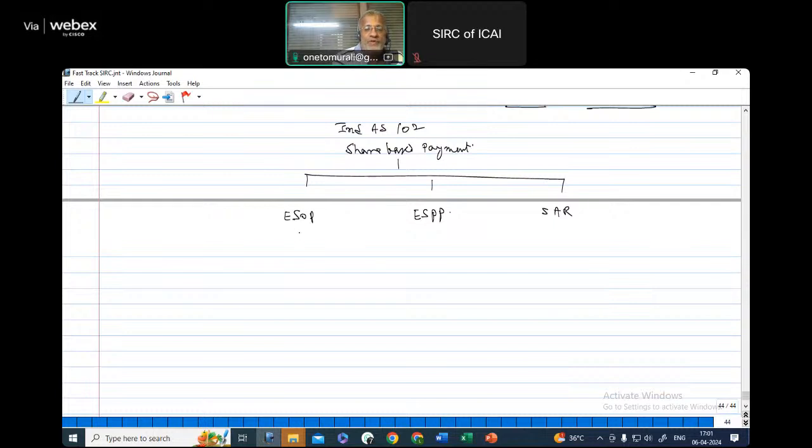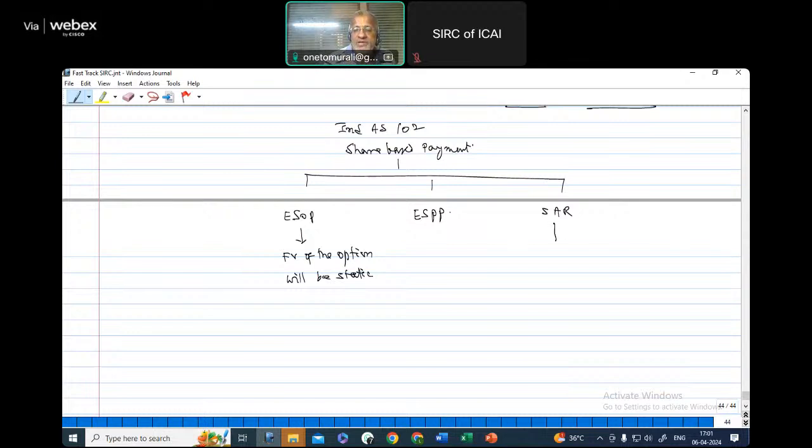So in the case of option plan, the fair value of the option will be static. The figure will remain the same at all points of time.